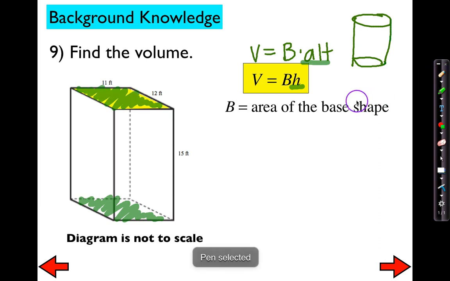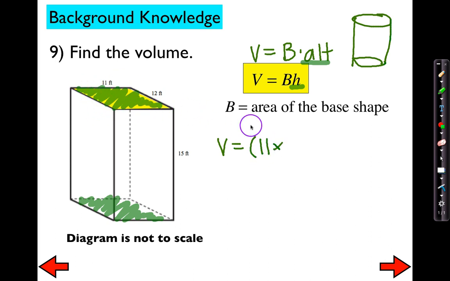Okay, so now that we know that, let's go ahead and fill in our information. The volume is going to be the area of the base. Well, the base is a rectangle, either one you look at. They are exactly the same. Since it's a rectangle, I'm going to do base times height. So this here is going to be 11 times the height, which is 12.